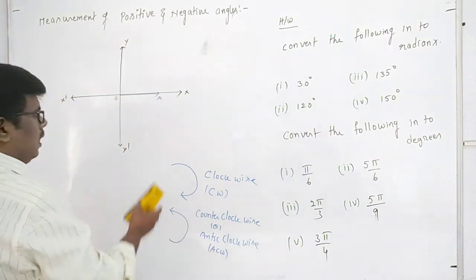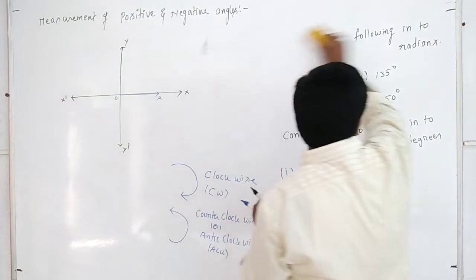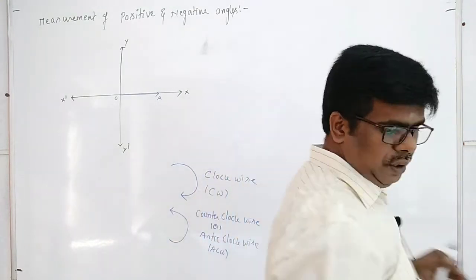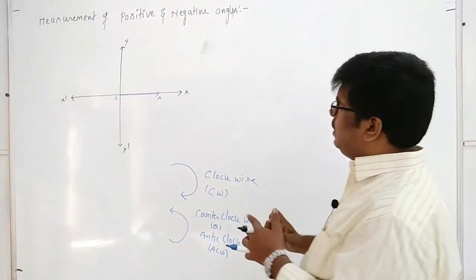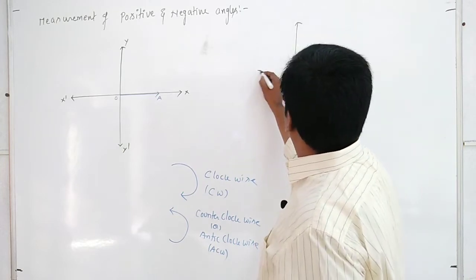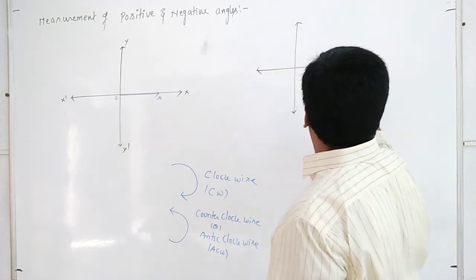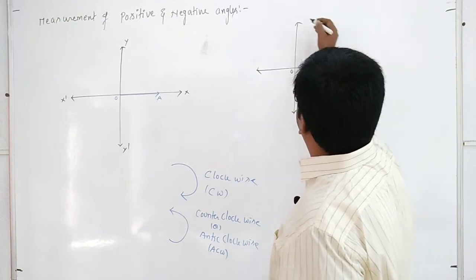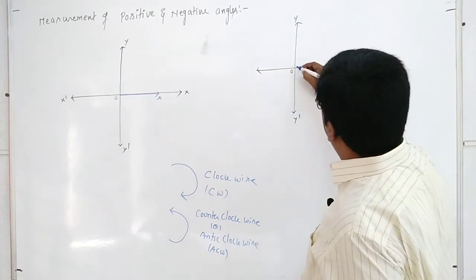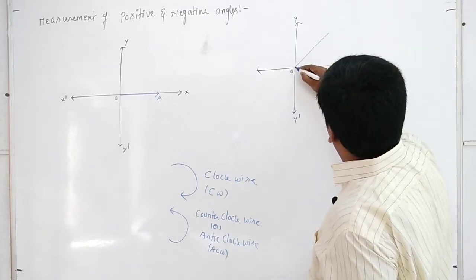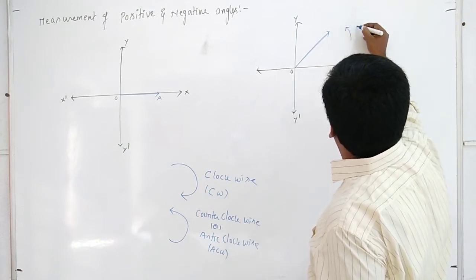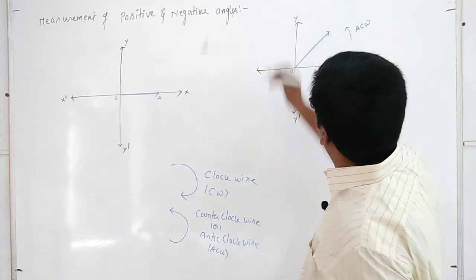Suppose the ray you have taken here, you observe the ray is there like this. This is with the positive x-axis, O is the origin, y dash. If the ray is rotating in the anti-clockwise, ACW, like this, anti-clockwise.